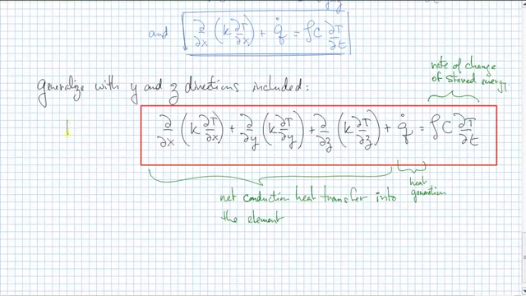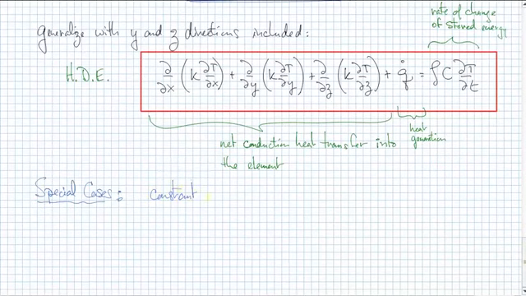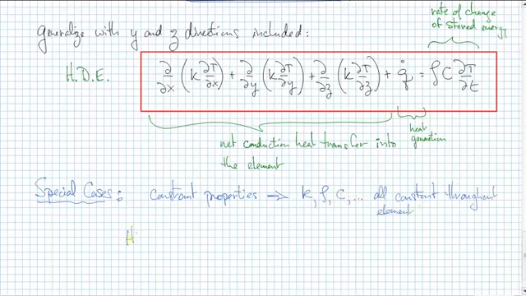Let's look at some special cases here, because in real life we are often able to apply it in easier cases where things become simpler. The first thing to do is to look at what happens if the properties don't change within the body. So that's thermal conductivity, density, specific heat, etc. They're all constant. So we can certainly pull the K out of the derivatives, and that makes the left-hand side much cleaner.